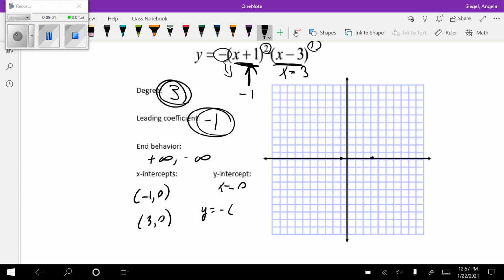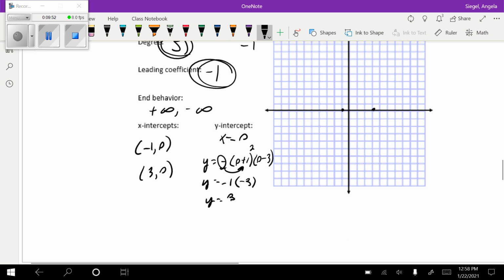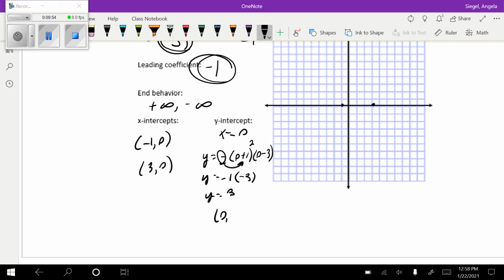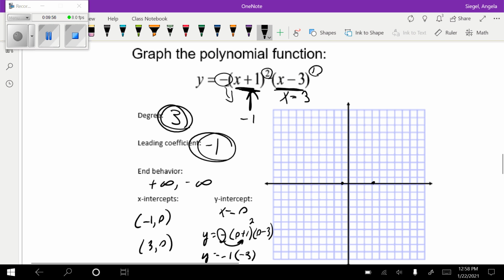Y equals -(0 plus 1) squared, and then (0 minus 3). So 0 plus 1 squared is 1. So I have -1 right there, -1 times -3. So y equals 3. So it crosses the y-axis at 0, 3.